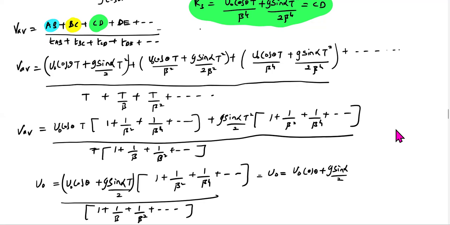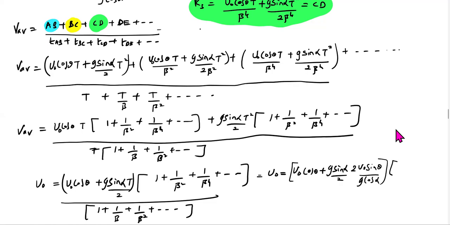Time of flight, we have derived earlier, 2 u naught sin theta by g cos alpha, equal to the bracket term.